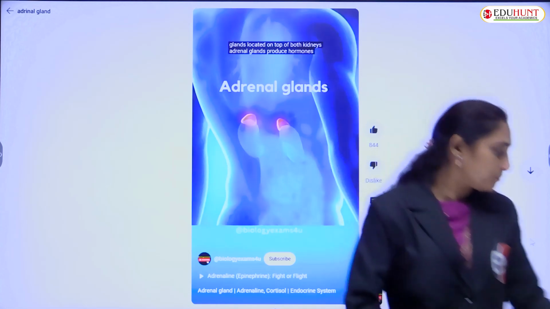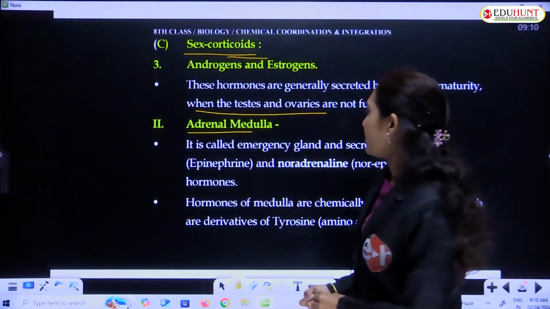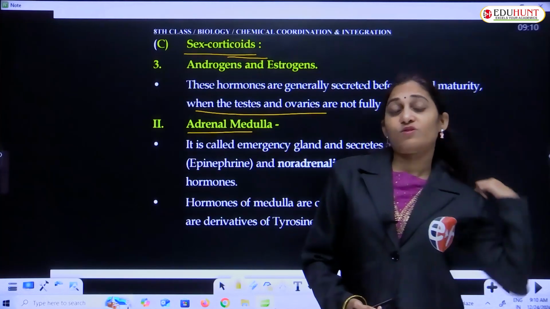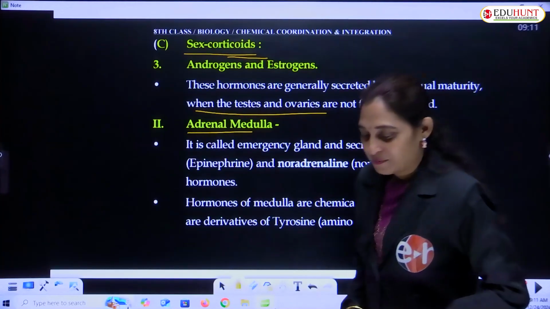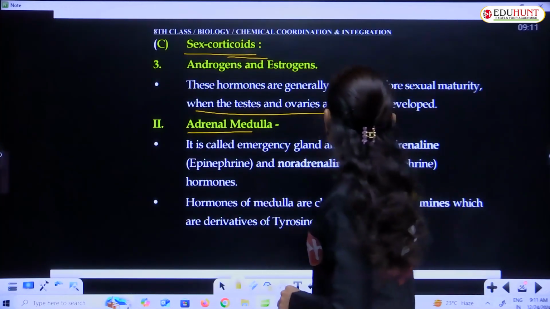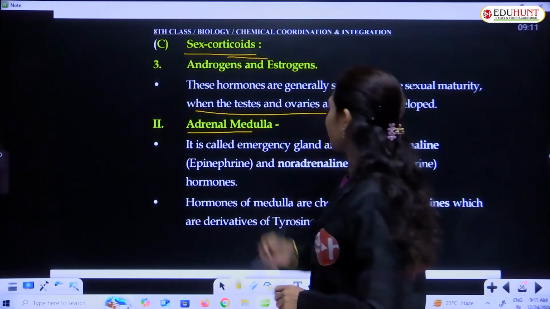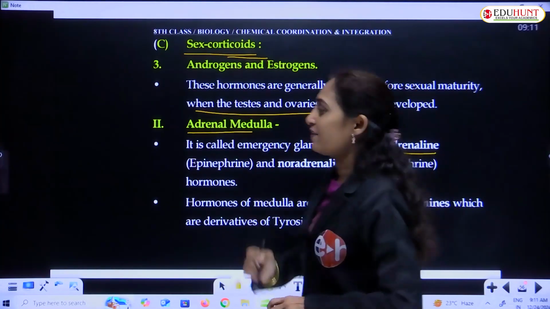Let's get into the details of the adrenal medulla. Adrenal cortex we have seen. Now the adrenal medulla, it is also called the emergency hormone, and also the triple-F hormone, especially adrenaline.